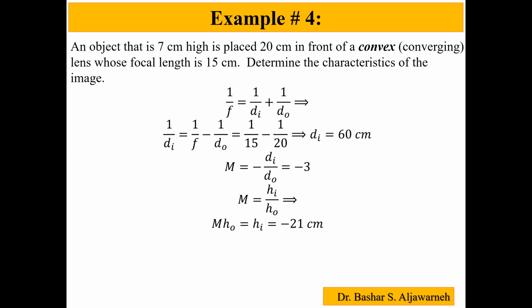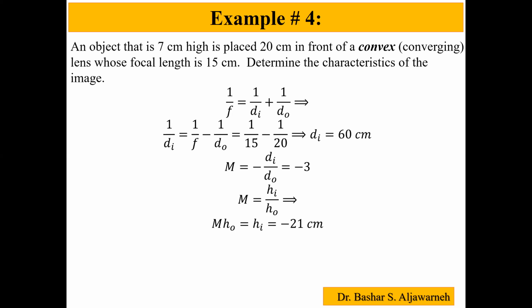In other words, we can say if the focal length is 15 centimeter and the object is placed 5 centimeter from the focal point, 5 centimeter here is not the object distance. 5 centimeter here is the distance from the focal point to the object.